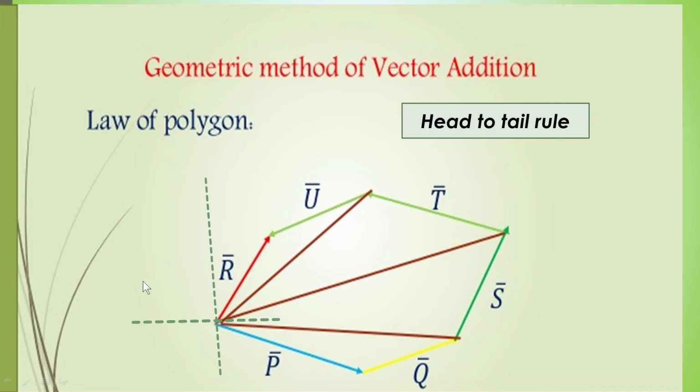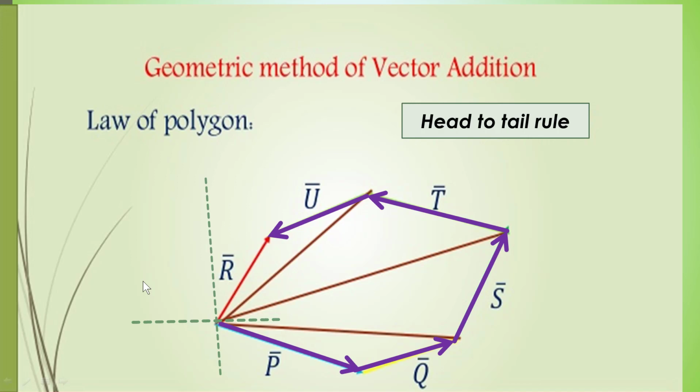Okay, we have drawn vector P, then we have drawn vector Q, tail of Q with head of P, then tail of S with head of Q, then tail of T with head of S, then tail of U with head of T. Okay, so in this way we have drawn this polygon.